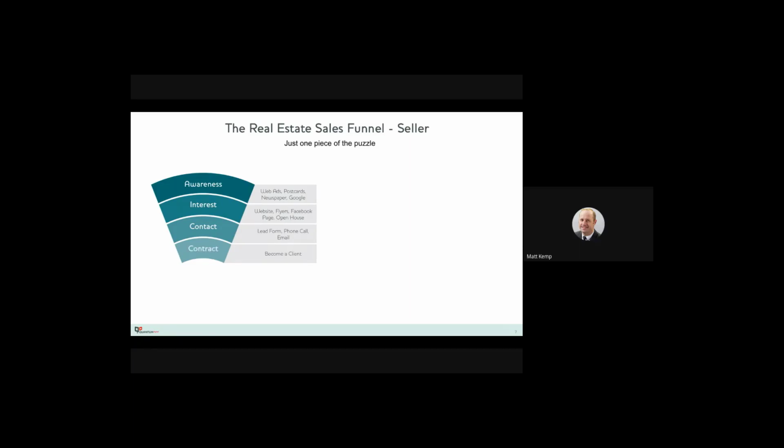And then once they go into the transaction stage, then they become a client. But as you see throughout this process, direct mail will either be able to bring someone all the way through that funnel, or at least bring them into the funnel with other assets, and you as your efforts as a realtor to work them through that. So this is just kind of showcasing how we are one piece of the puzzle, not the entire puzzle itself.